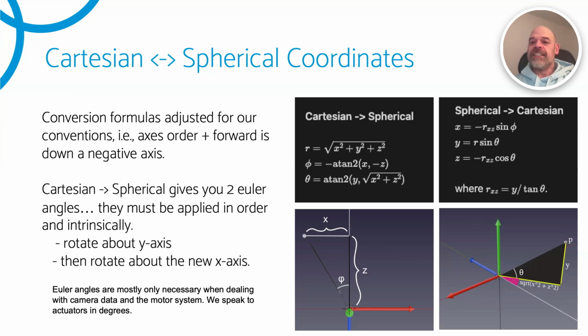So that's another trial and error thing. But if you see Euler angles, I hope bells go off for you. What order do I apply these in? And is it intrinsic or is it extrinsic?